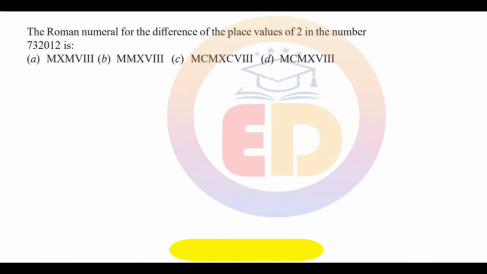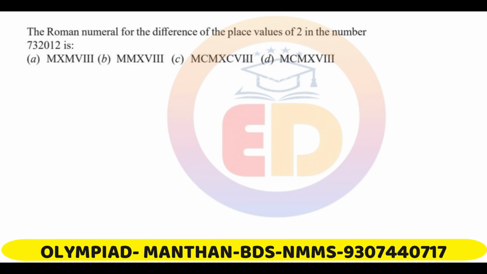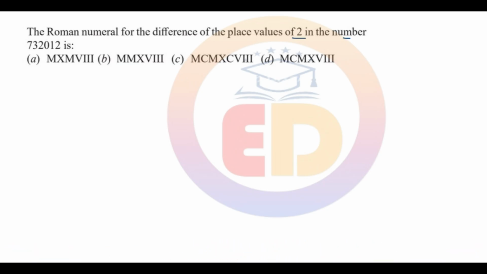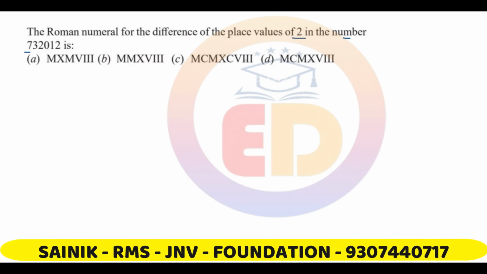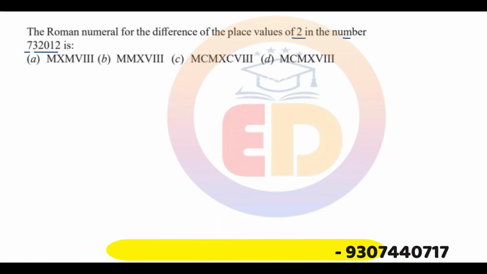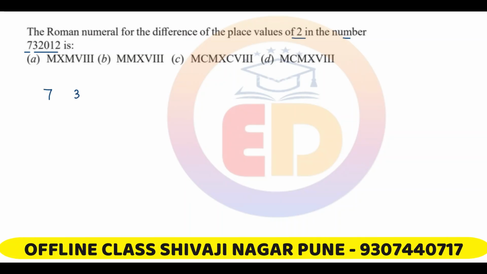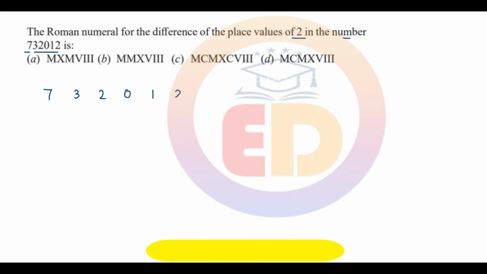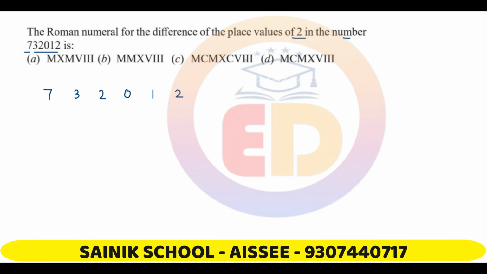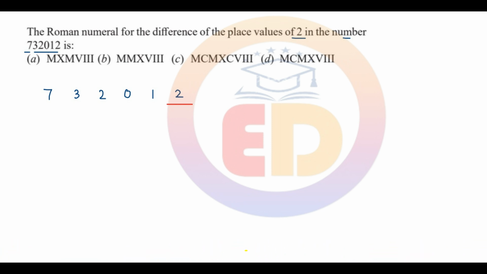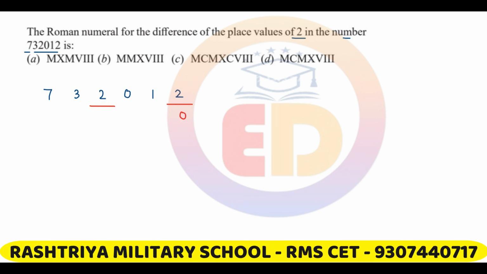Question says the Roman numeral for the difference of place value of 2 in the number 7,32,012. So the place value of 2, this is ones place, this is the thousands place.